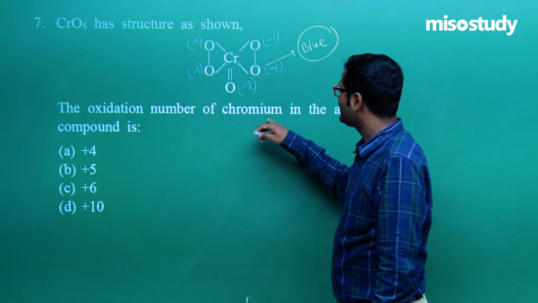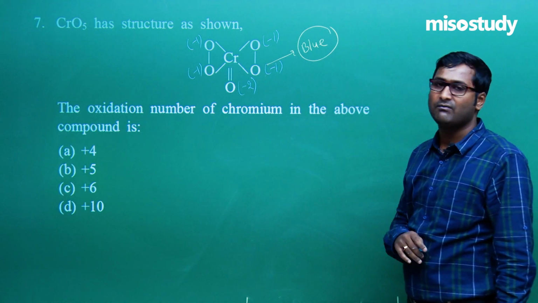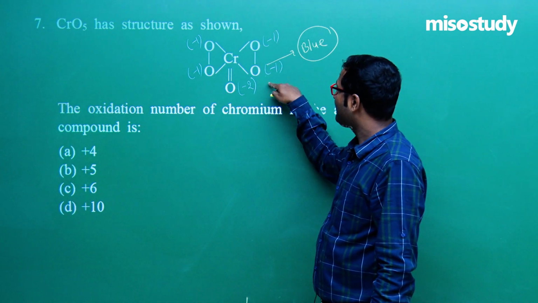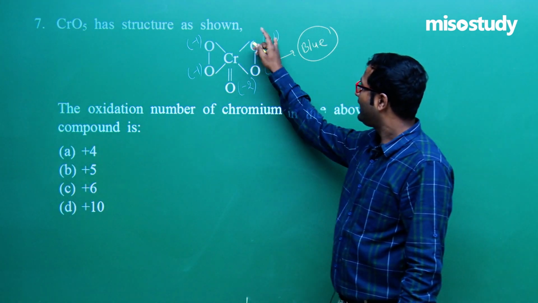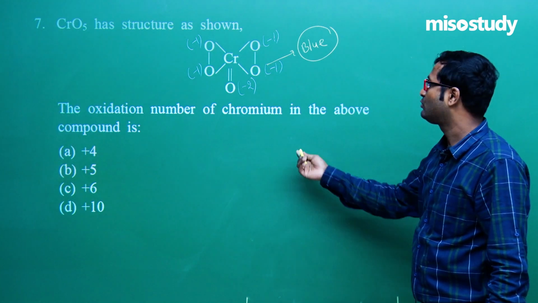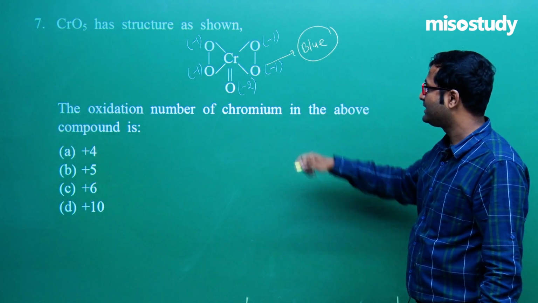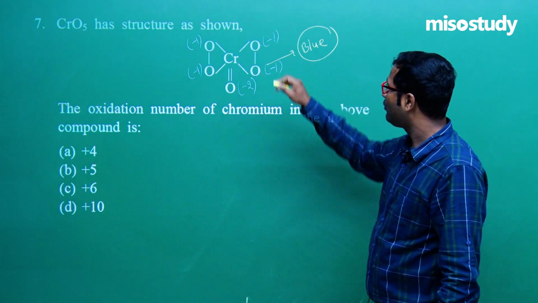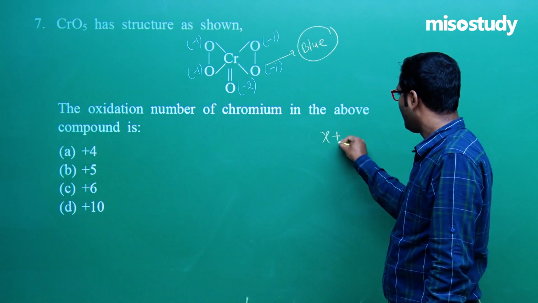Now the oxidation number of chromium in the above compound. As we know, this is a peroxy linkage and oxygen in peroxy linkage has the -1 oxidation state. Now how to find the oxidation number of chromium? Right here, the CrO5 structure, that is X, 4 oxygen.